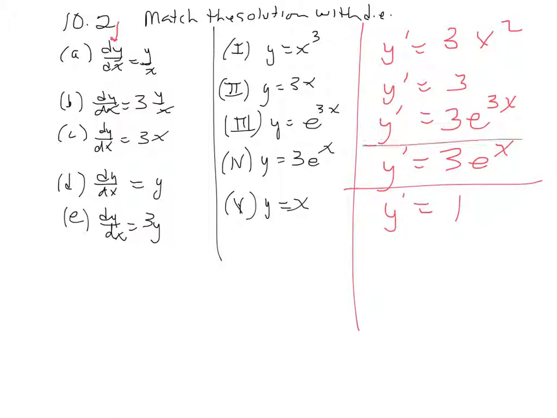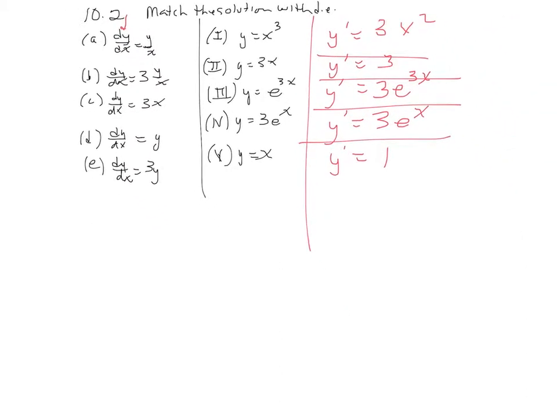All right, so kind of separated there. I think the hard part's going to be able to see all this stuff at once. So what I would probably do with something like this is I would look at this first one up here, which was y prime equals 3x squared. And I'm going to just tell you what the answer is, but you'd probably have to go through these one by one. I'm going to say, what if this is the answer?